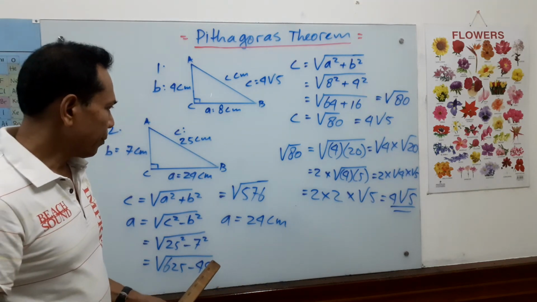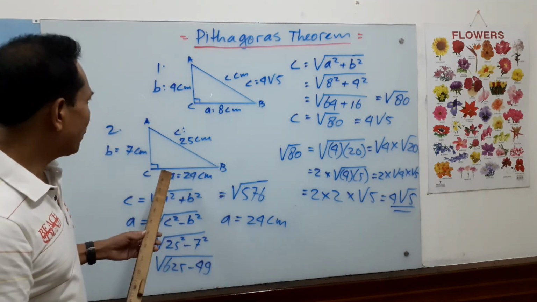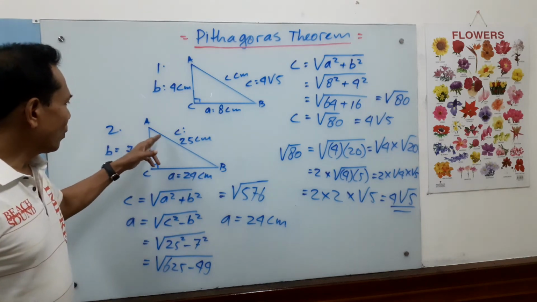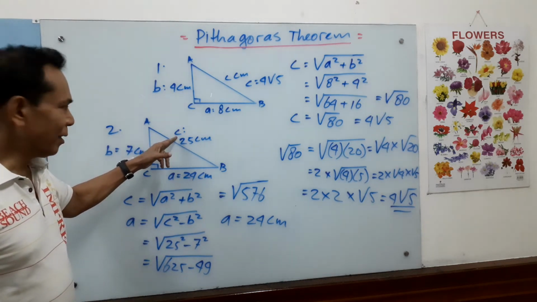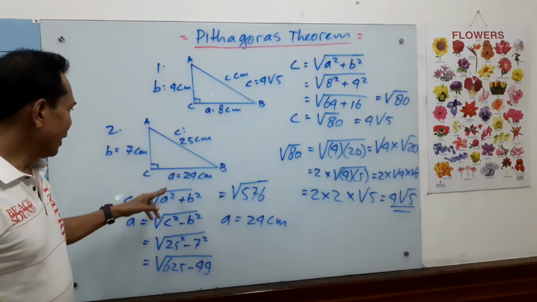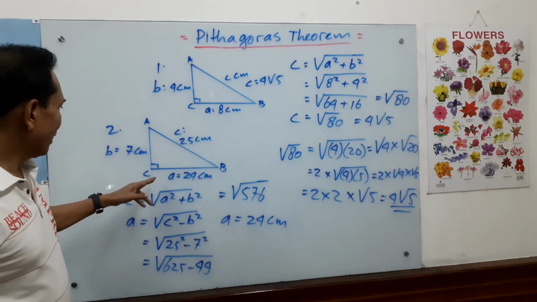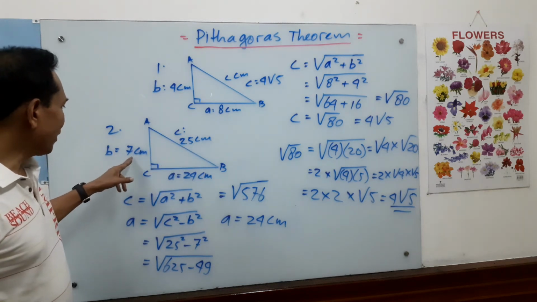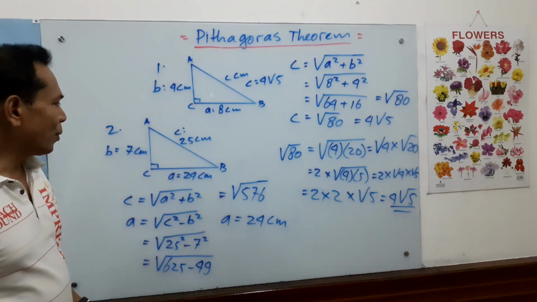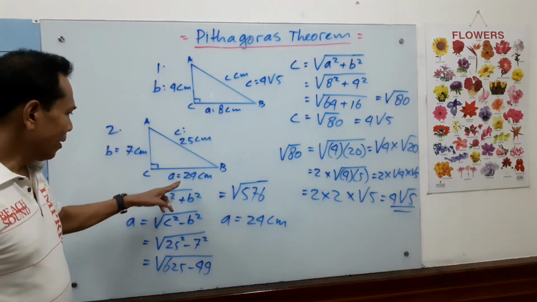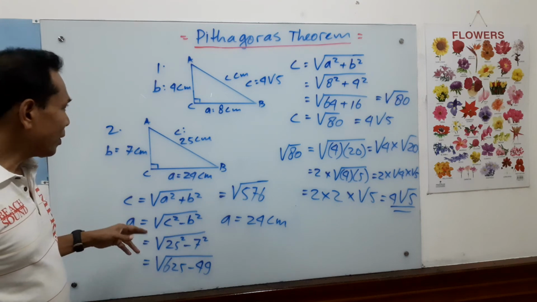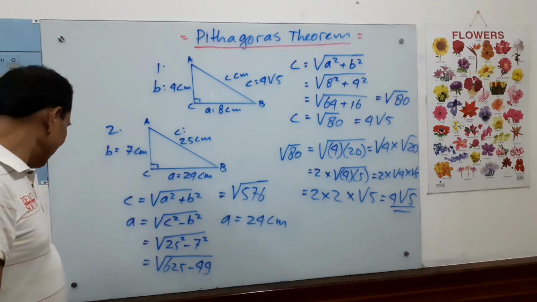Now, number 2 here, this time, we know this C is 25 cm, B is 7 cm, but A we do not know. This 24 comes from, we just work it out. So we use the same formula, we convert this formula.